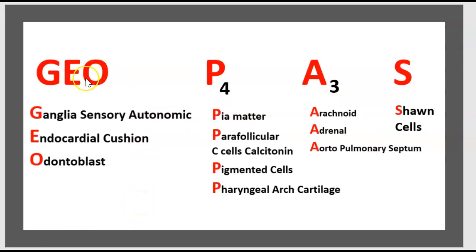Crest syndrome, GO PAS: ganglia sensory-autonomic, endocardial cushion, odontoblast, pia mater, parafollicular C-cell calcitonin, pigmented cell, pharyngeal arch cartilage, arachnoid, adrenal, aorticopulmonary septum, and Schwann cells.